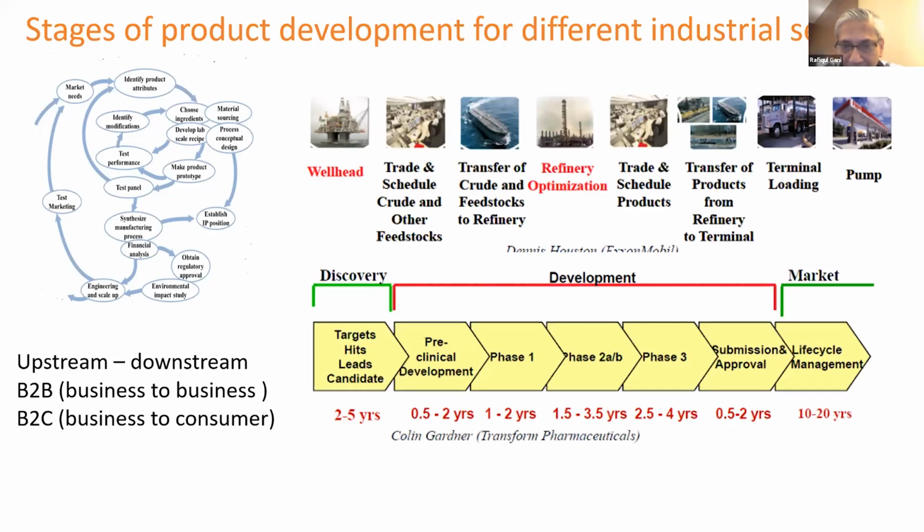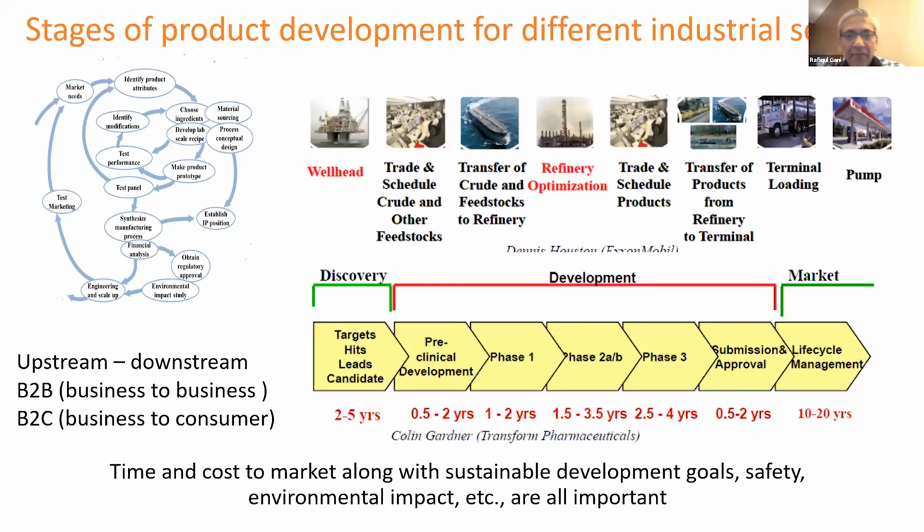If we take different examples, we will see basically most of the stages are in the same sequence that is shown in the figure on the left, but the time scale and the details of them are different. So that is one thing that needs to be considered when we are talking about product design and development.